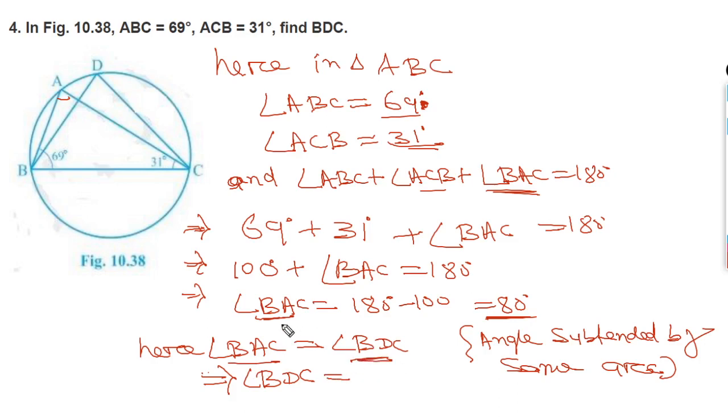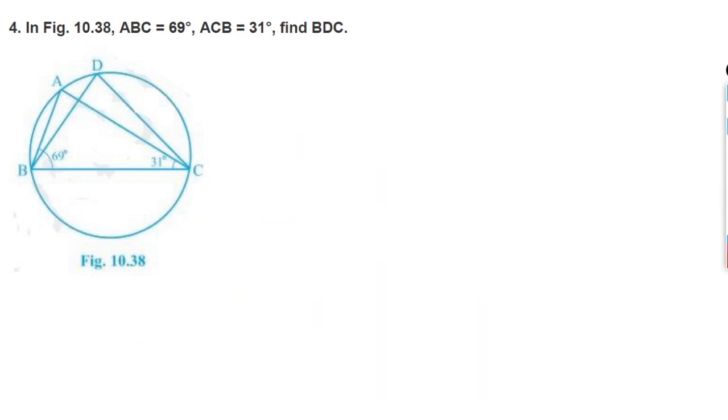We have BAC equal to 80, so BDC equal to 80 degree. Okay, so this is it. Now we'll move to the next question.